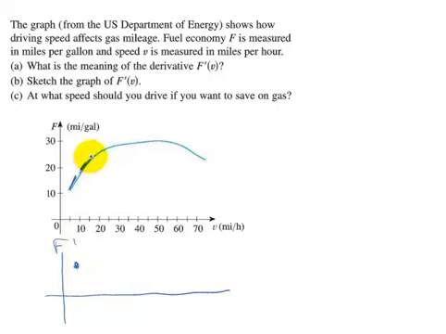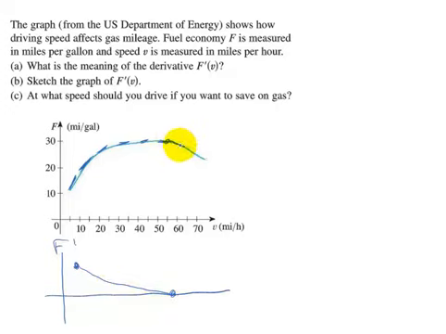Not quite as steep, but still positive, heading towards a derivative of zero right here. So we'll make our derivative 0 right here, and the value of our derivative is positive all the way here, but decreasing towards 0.